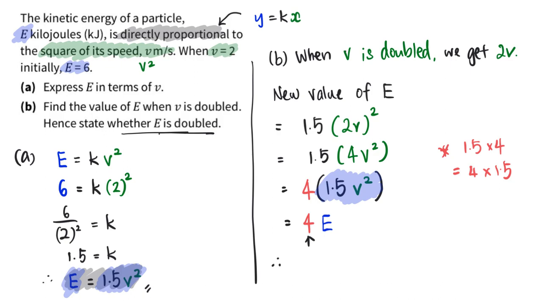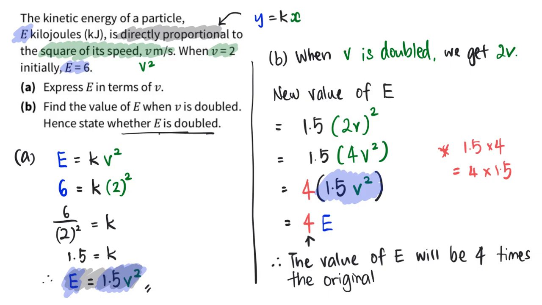And therefore, the value of E will be 4 times the original value, not doubled. With that, we have come to the end of this question. And let's move on to the next question.